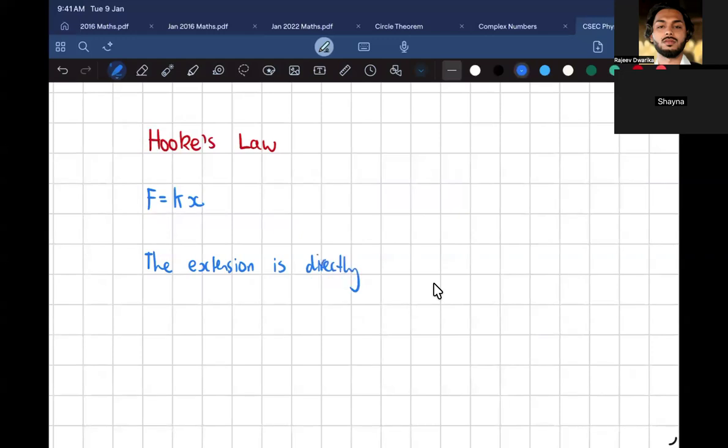Exactly. It can only stretch so far, a piece of wire, right? The extension is directly proportional to the force applied within the elastic limits.